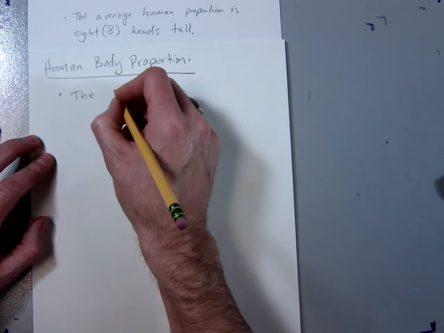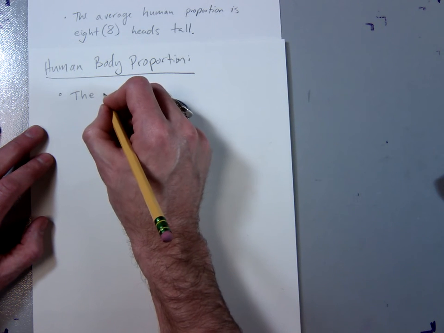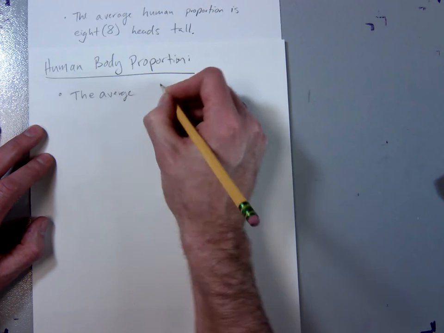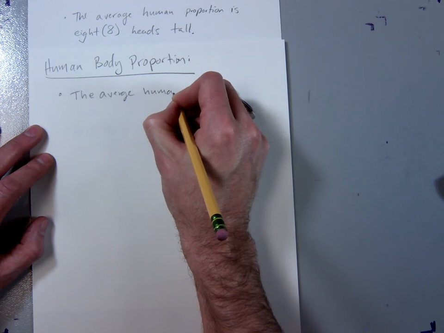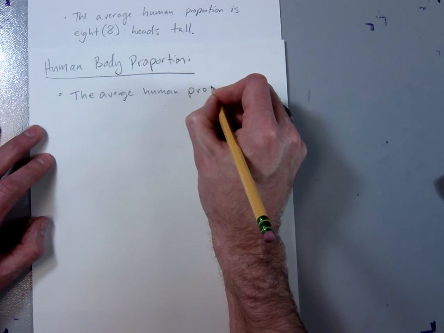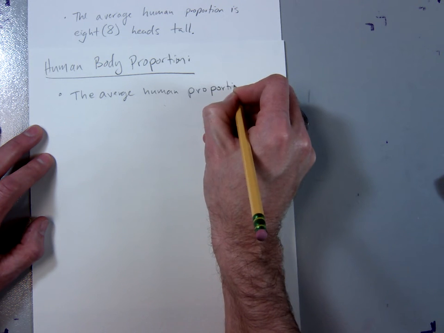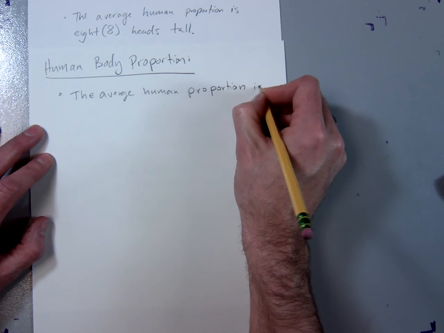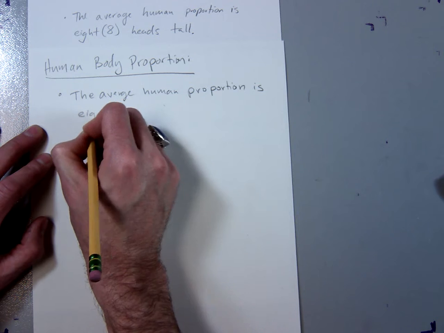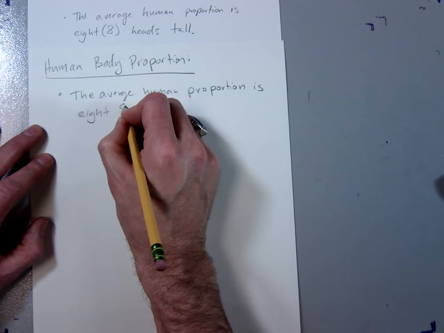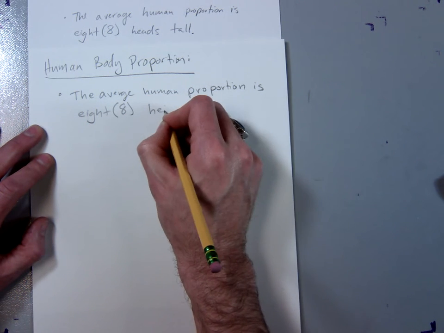The human body varies greatly within the average, okay? But the average human proportion is 8 heads tall.